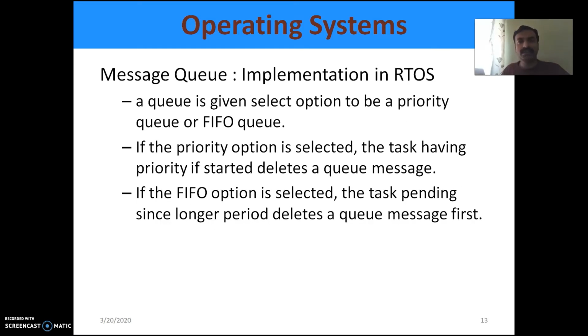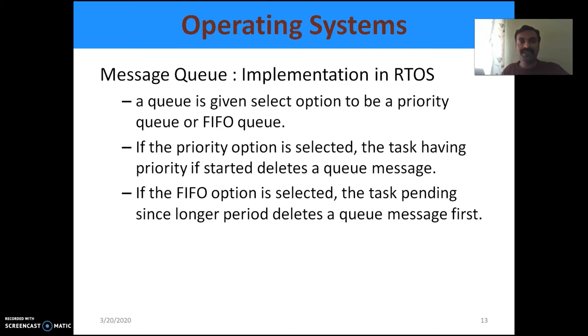Thirdly, we will see how it is in an RTOS. In an RTOS, there is an option to have a priority queue or a FIFO queue. So if it is a priority queue, then all other messages will be deleted, because the message that is coming has the highest priority and that has to be serviced first.